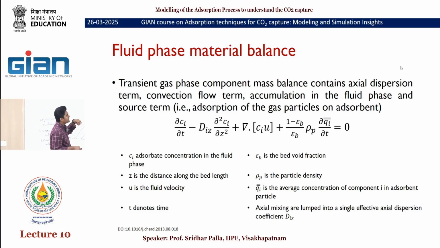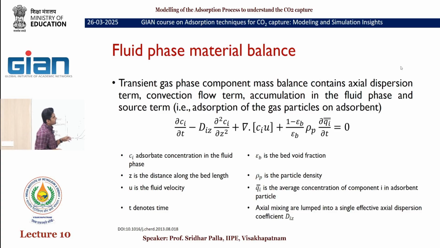And what is this term? No, not 1 minus epsilon by epsilon, the entire term. What is this term? It is the accumulation of the gas species due to the adsorption.